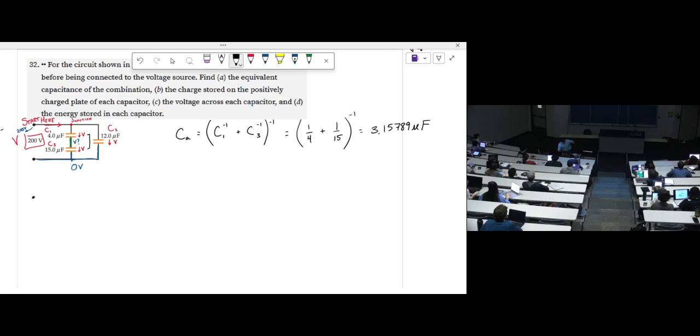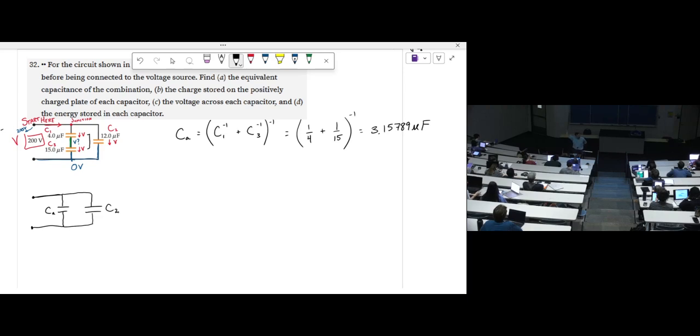And what I've done now is I can redraw this circuit, the schematic, as now having a single capacitor, C sub A, along this middle branch. And I have done nothing to touch this C2, 12 microfarad capacitor. Now I have equal voltage drop across those two things.